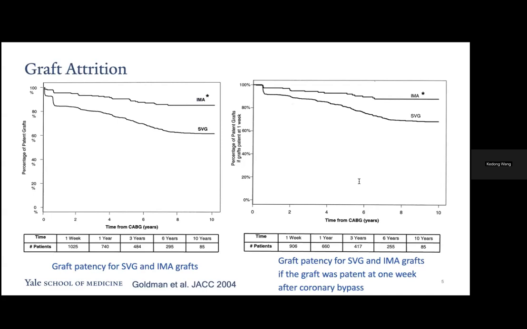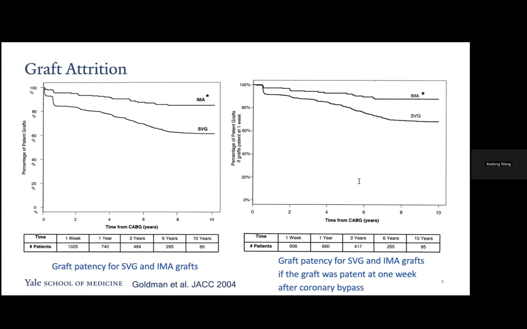Okay, so this is the largest study charting the natural history of vein grafts and IMAs. It looked at about 12,000 patients who underwent CABG between the years of 1983 and 1988 in 13 participating VA hospitals.